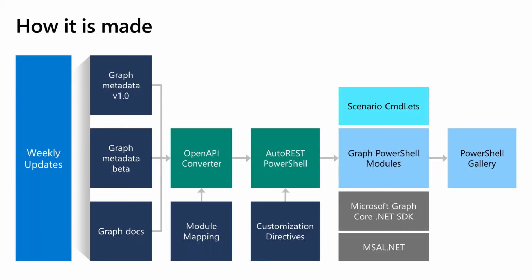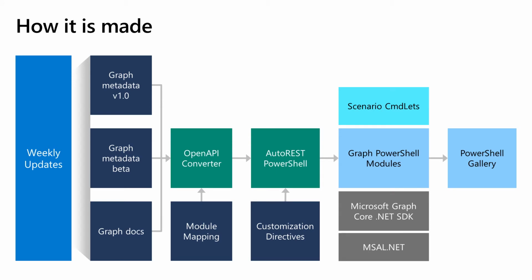Now, the AutoRest PowerShell generator is a very clever generator. It generates based on a set of conventions, but also allows us to inject a set of customization directives. So if we want to tweak a name that doesn't quite feel right, or if there's a particular cmdlet that shouldn't be included in the PowerShell, we can change that with the customization directives. We can also, at this point, bring in custom scenario cmdlets.